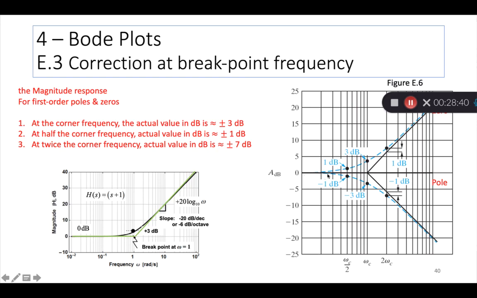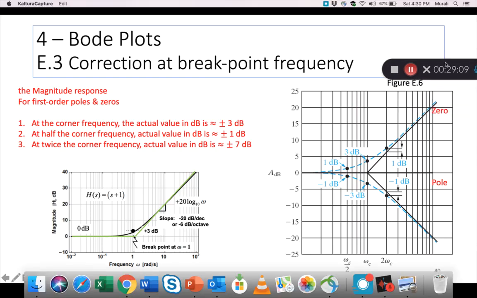What this rule is telling us is, if it's a pole, then the actual curve, the shaded blue colored value, is shifted minus 3 dB below the 0 point. Similarly, for a 0, it's a plus 3 dB correction.